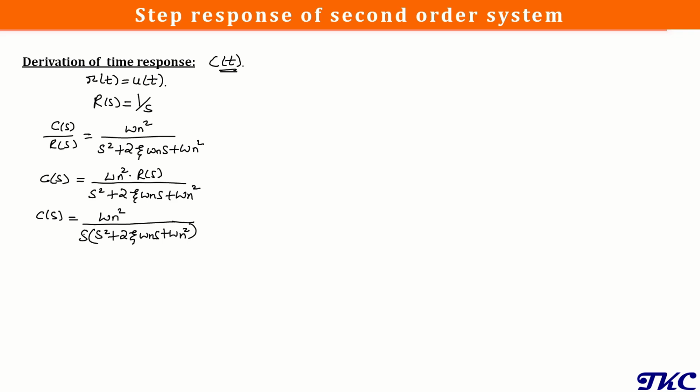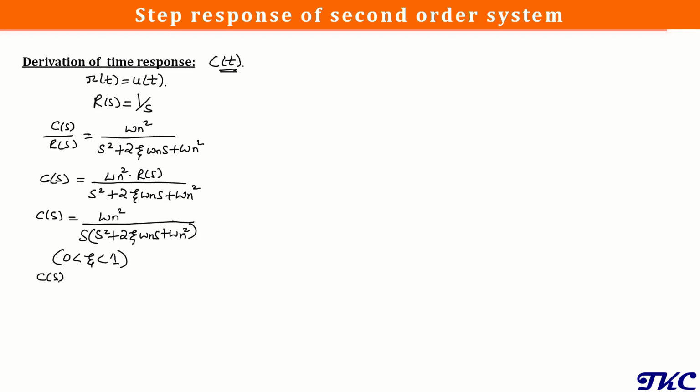Here we also need to be careful about what type of system we are deriving the response for. Right now we are considering an underdamped system, because most of the systems that we see around us are underdamped. So we will have the zeta value lying between 0 and 1. Based on this we will be deriving the output equation.